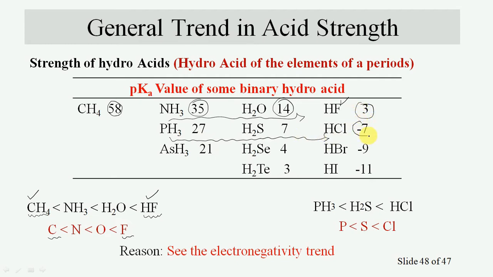These are the pK values of hydroacids of the third period, and the reason for the relative acidic strength of these hydroacids is the same. Chlorine has the maximum electronegativity, while phosphorus has the least electronegativity.